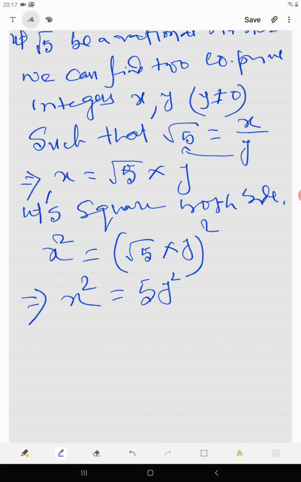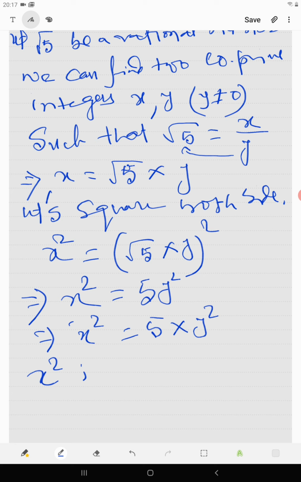Now let's move on. Here we can see that x square is written as 5 into y square. This tells me that x square is a multiple of 5, that means it can be 10, 20, 30, like that.